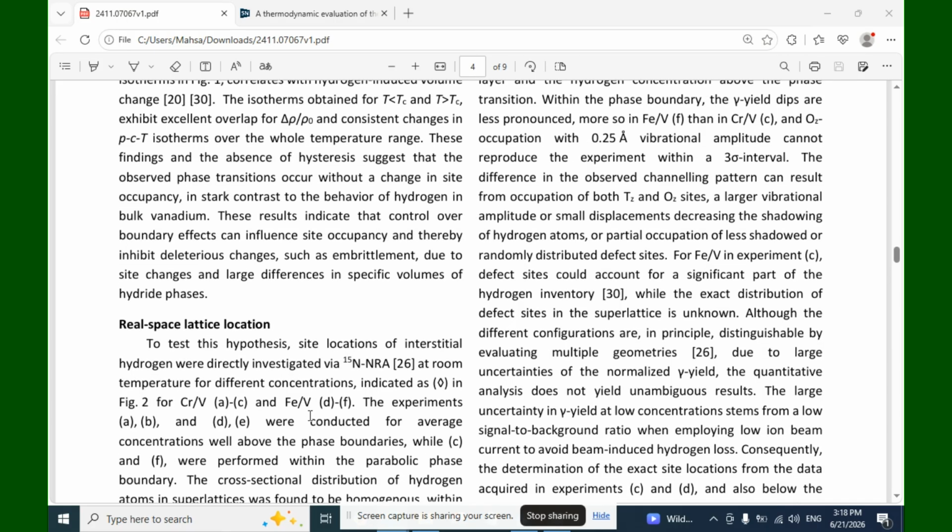Now I want to go through the real space lattice location to test this hypothesis. Site locations of interstitial hydrogen were directly investigated via NRA and NRR at room temperature for different concentrations, indicated as these lattices in Figure 2 for Cr/V and also Fe/V.